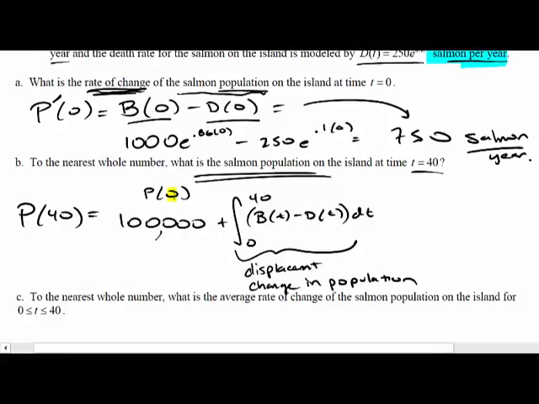So if you remember, this and this term should always match up. Put it all in the calculator, and you get 133057.564. And since it says round to the nearest whole number, the answer should be 133,058 salmon.